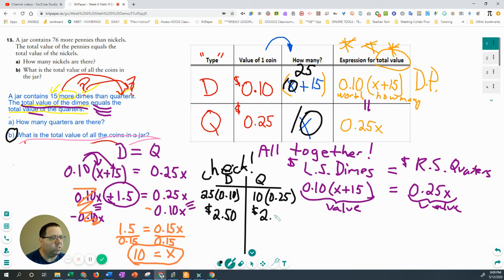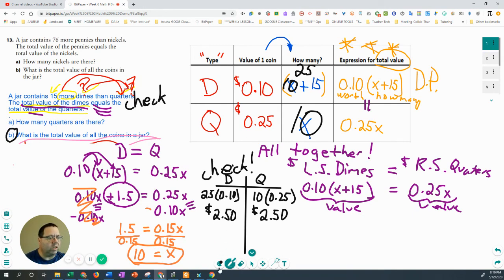Okay. Well, this seems to check out here because it says the total value of the dimes is supposed to equal the total value of the quarters. So I've got $2.50 worth of dimes. This pile of dimes is $2.50. There's 25 of them. I've got 10 quarters, and they're worth $2.50.